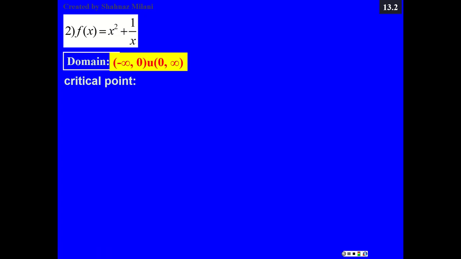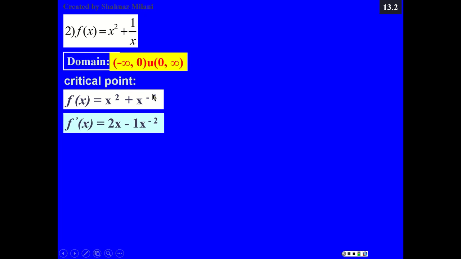In my PowerPoint, the first thing I did, this part, I wrote it as x to the exponent minus 1. And now, from here, I'm going to get the derivative of these two terms. Derivative of x to the exponent 2 is 2x. Derivative of x to the minus 1: move the minus 1 to the front, and then subtract 1 from this minus 1, which becomes minus 2.